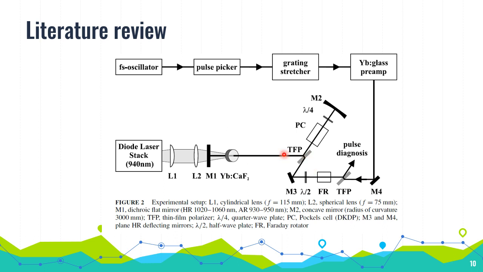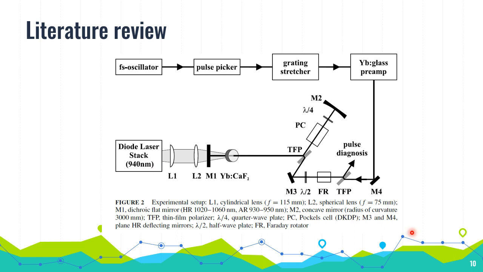In this second stage amplifier, the cavity is shaped by M1, a plane dichroic mirror, and M2, a concave mirror. The whole cavity length is about 95 centimeters, and the crystal we use is ytterbium-doped calcium fluoride. It is pumped by a diode laser at 940 nanometers in wavelength.